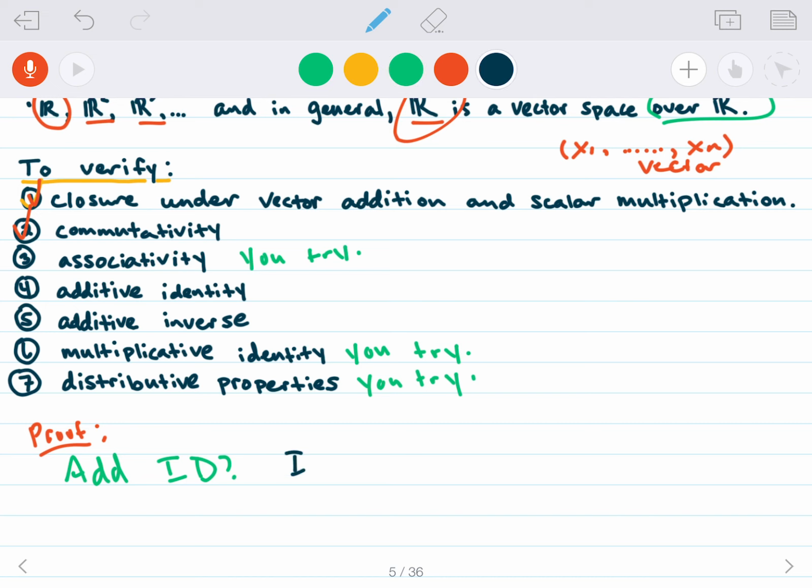So, take a vector, an arbitrary vector in Rn.